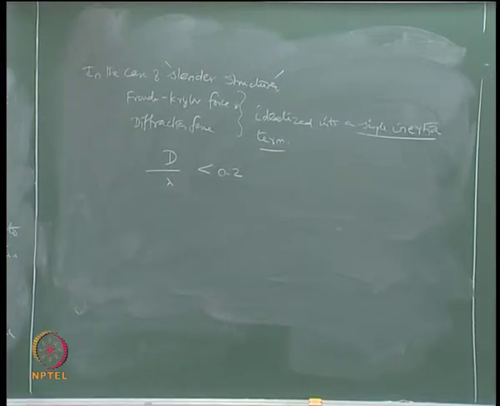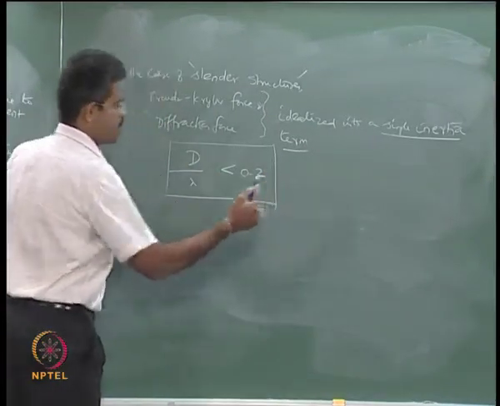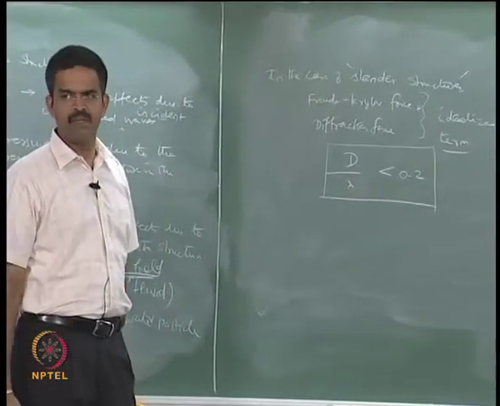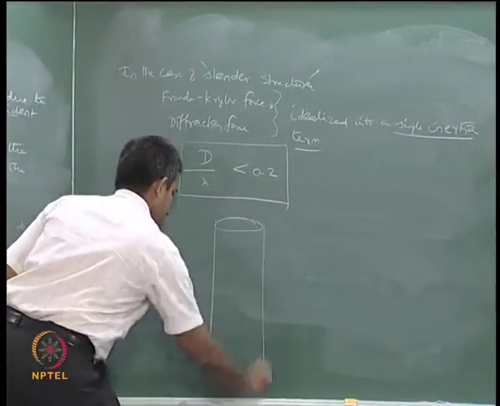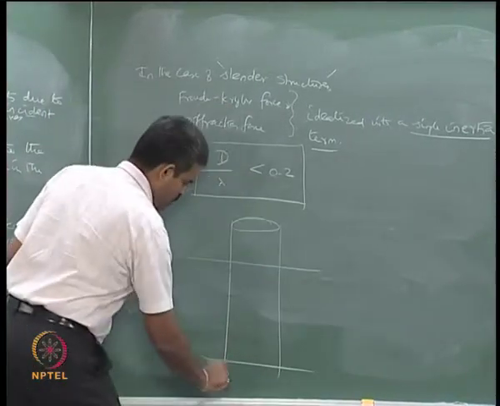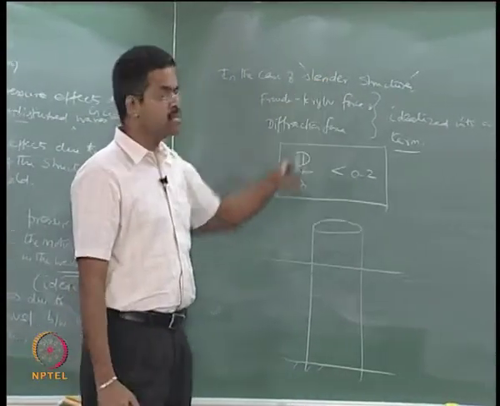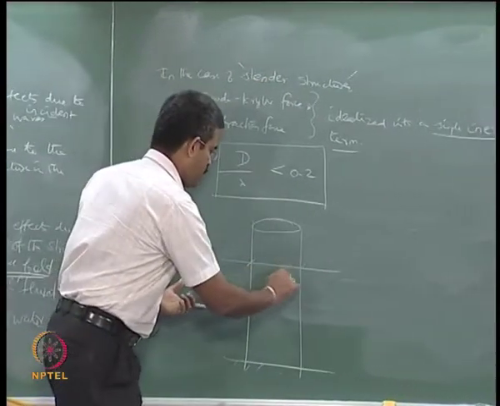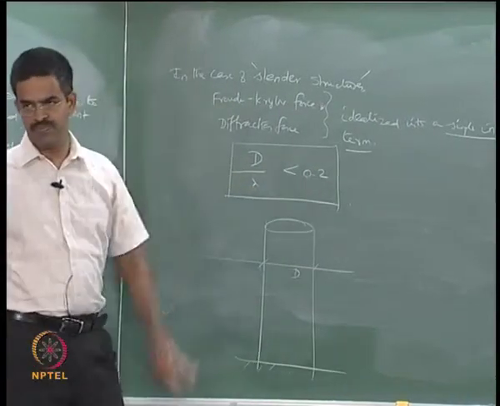So, what is the advantage of having a structural system which qualifies this relationship? The advantage is, I have a structural system, it has got a member, do not worry about the boundary condition, we will talk about that slightly later. The member is slender, it means that the external diameter of the member with respect to its wavelength is less than 0.2.